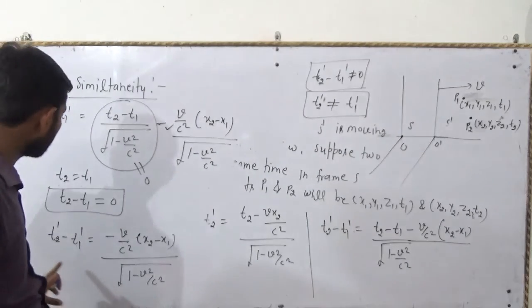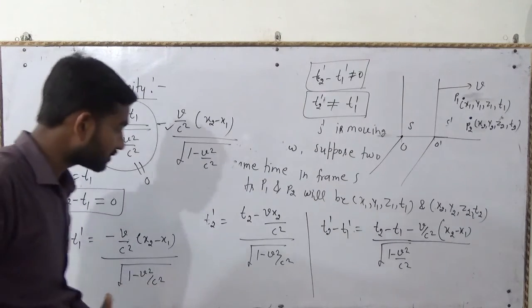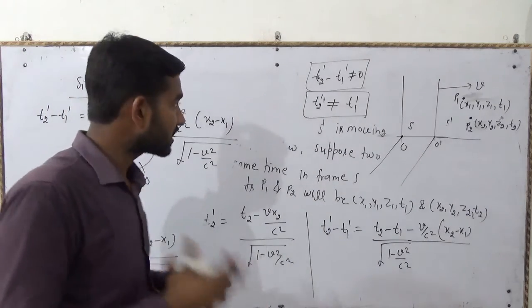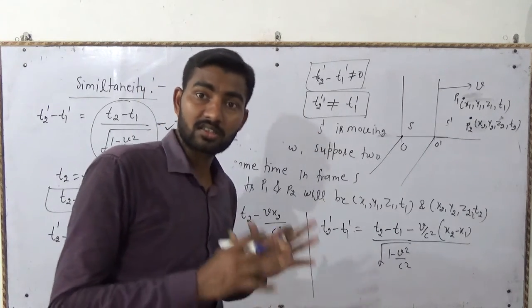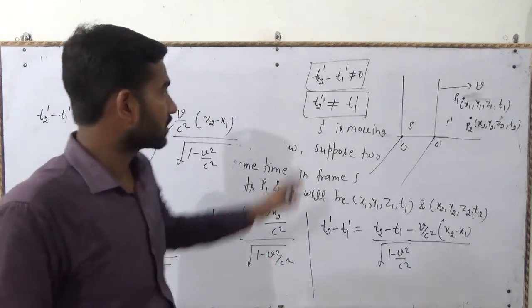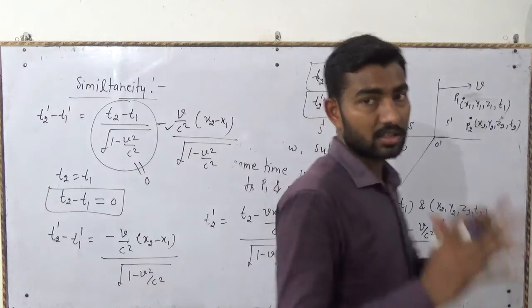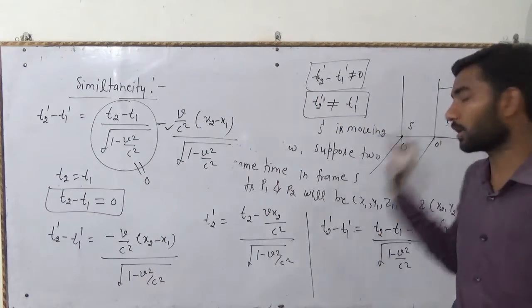Here we can see T2 dash minus T1 dash is not equal to 0. In other words, T2 dash is not equal to T1 dash, because T2 dash and T1 dash are time coordinates of the moving frame of reference S dash.